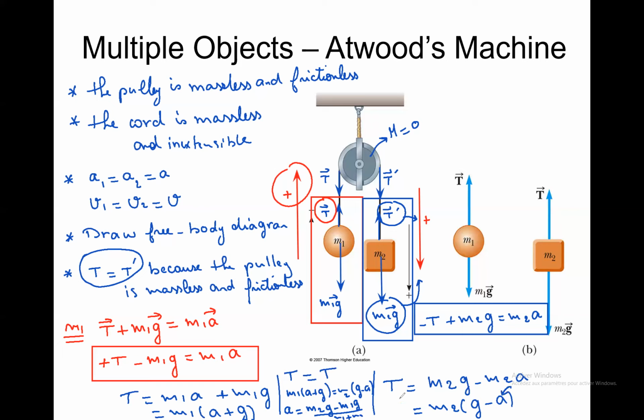For example, you can get the value of T. This is a general solution to calculate the tension and the acceleration of the Atwood's machine. The steps will be the same for any problem concerning this machine. Thank you.